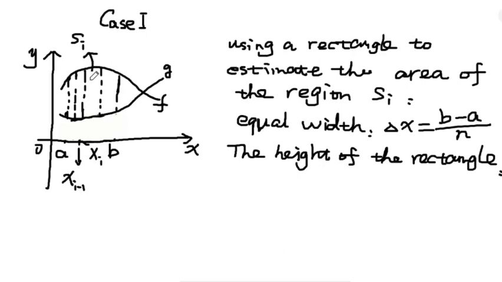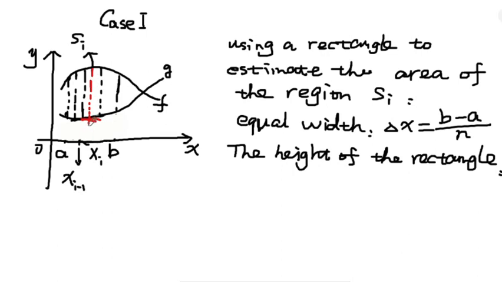And we understand that this is the height, and this is the width of the rectangle, which is delta x. But how can we form the height? I can choose the height at xi star.